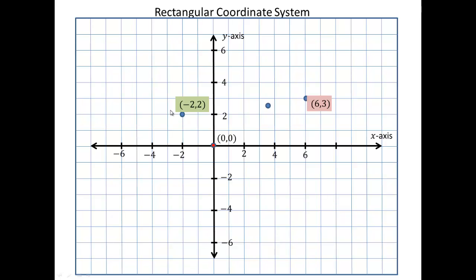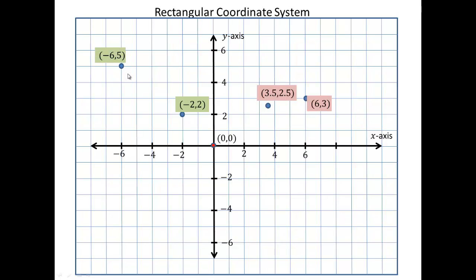All right, let's just do a whole bunch of points. How about that one? Because it's not on any particular tick mark, you're just going to have to estimate where it is. So we're 3.5 from 0 sideways and 2.5 up from 0, 0 in the y direction. How about the point here? You're going to have to go to the left first and then up.